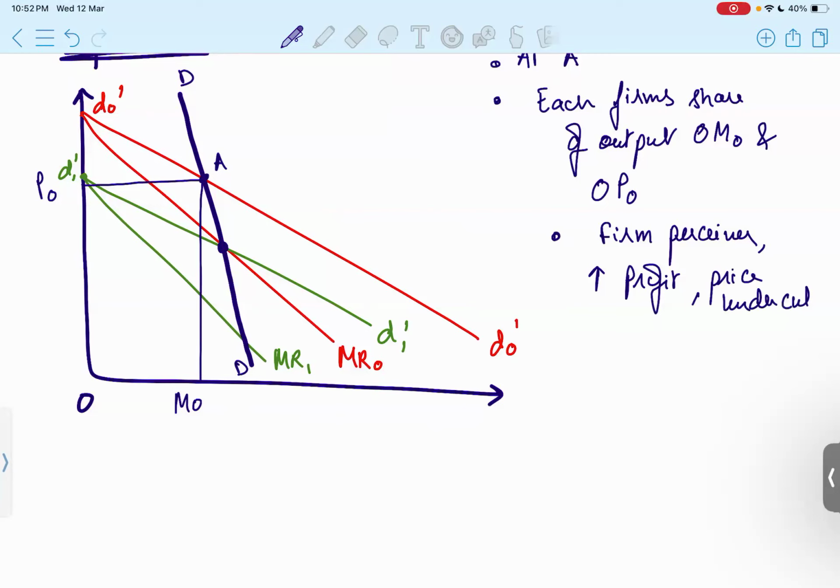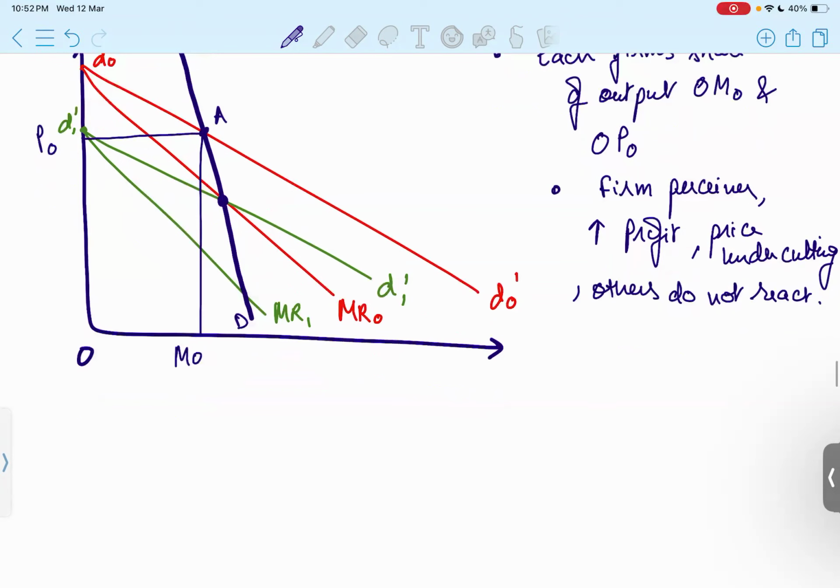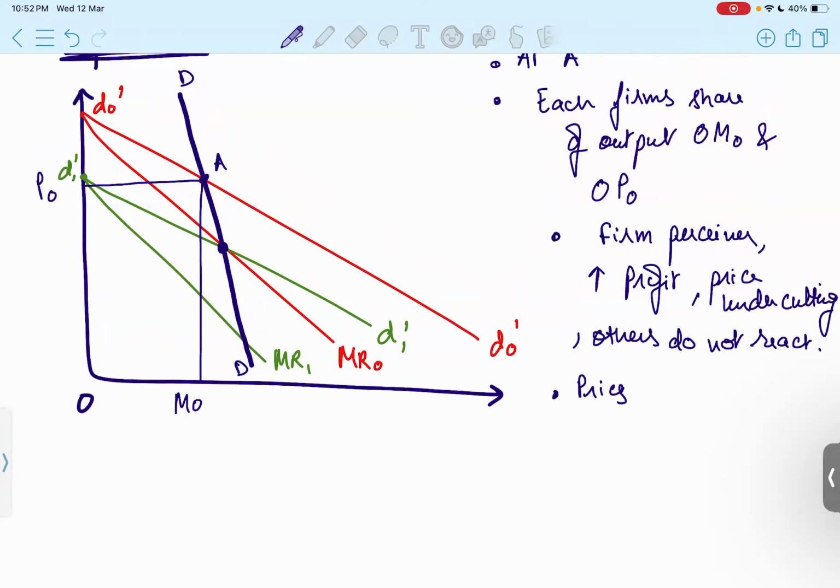How that will work under the given conditions is to be seen, assuming others do not react. So this is assumed to be constant. So prices will change now, and let's say this is point B. We extend it further. This is the P1 price level.